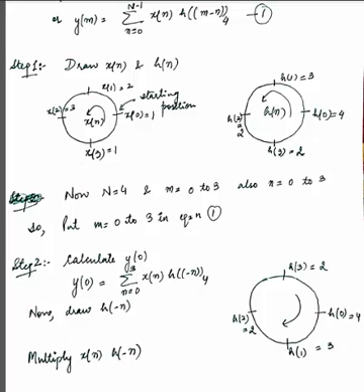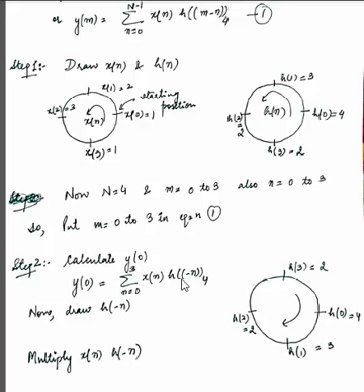So h of minus n is just a folding or a mirror image of h of n. This sequence is in the anti-clockwise direction, but h of minus n, or folding, is in the clockwise direction. So the starting position remains the same, that is h of 0, and in the clockwise direction it is h of 1, h of 2, h of 3.